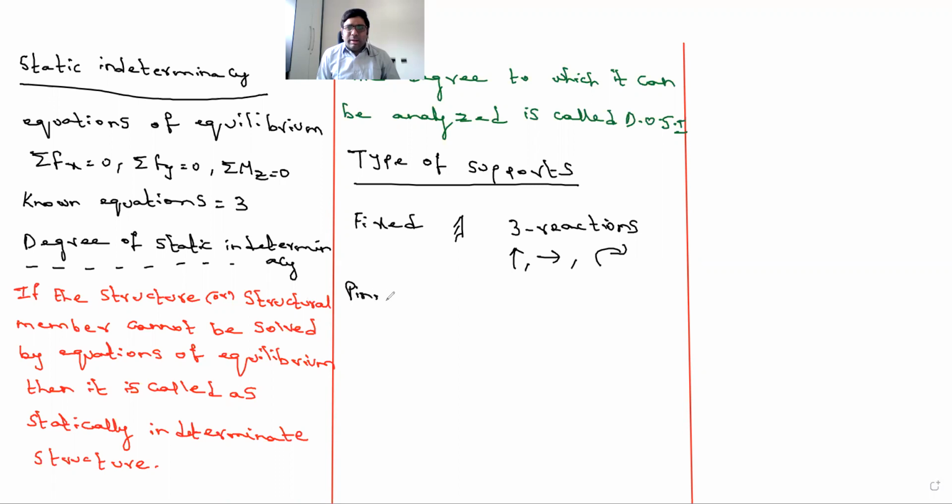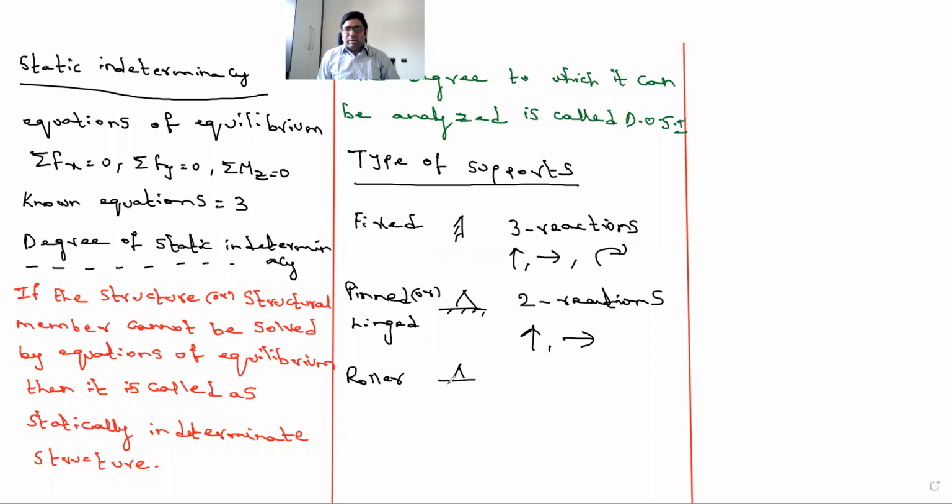Next, we have pinned, also called hinged, and this will look like this. Two reactions, one vertical, another horizontal. Then we have roller. This is given like this or like this. This has only a vertical reaction, one reaction.